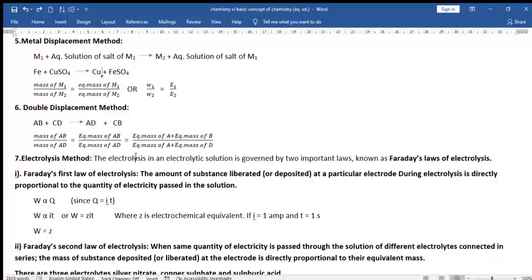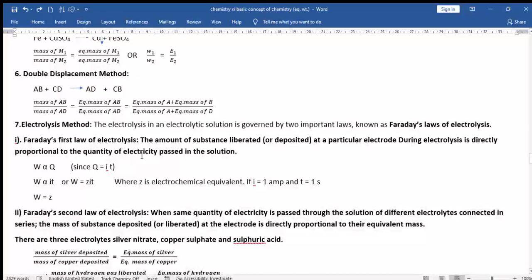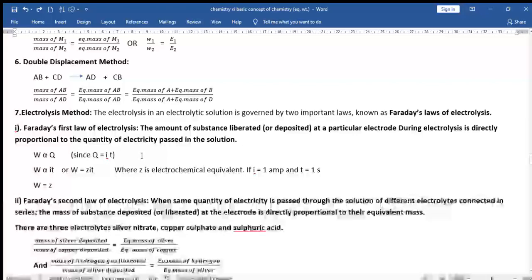Here, we can use the formula: mass of one of the reactants divided by mass of one of the products is equal to the equivalent mass of that reactant divided by the equivalent mass of the product. This means the equivalent masses of the reactant and product have the same ratio as the masses of that reactant and product.